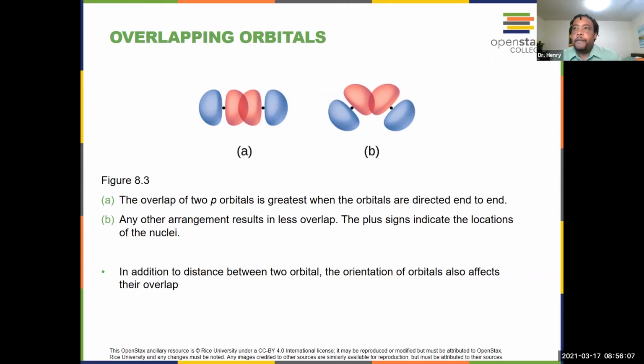The reason A would be better and more stable is because you have more overlap than in this case where you have less overlap. So you have more surface area connecting. Exactly. And so it does a better job of rotating around the nuclei compared to what you would have in this case.